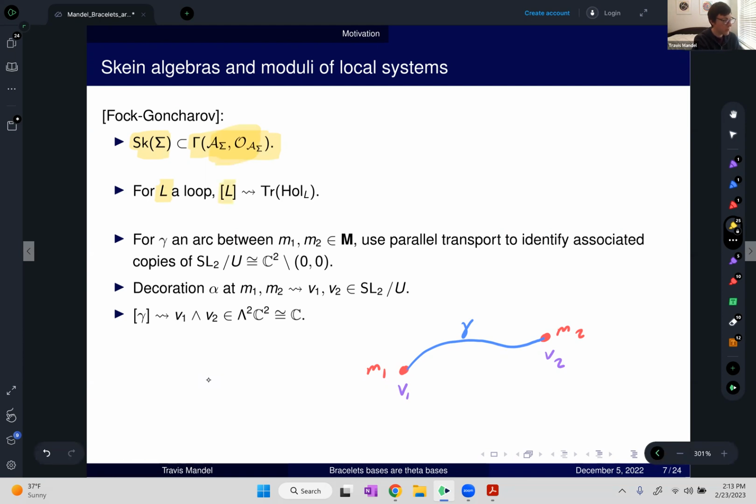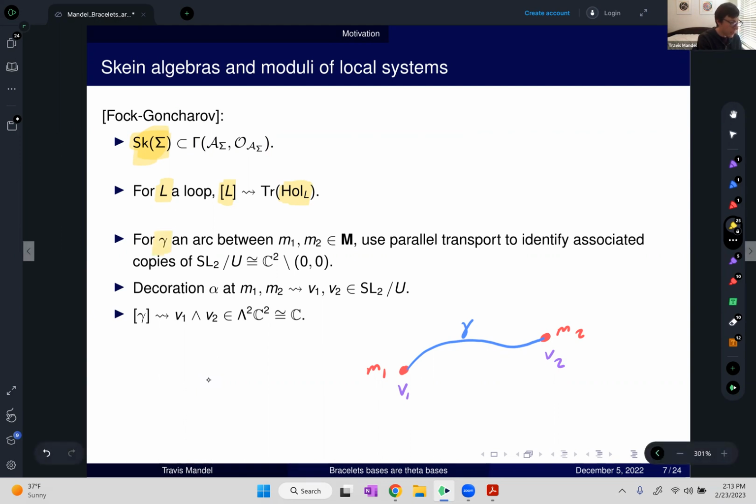Well, you can take the monodromy or holonomy around that loop, and then take the trace of that. That will give you some complex number. So given an element of your skein algebra, that's taking a local system. Different local systems will have different monodromies around this loop, and then you associate this trace of the monodromy. What about for an arc?